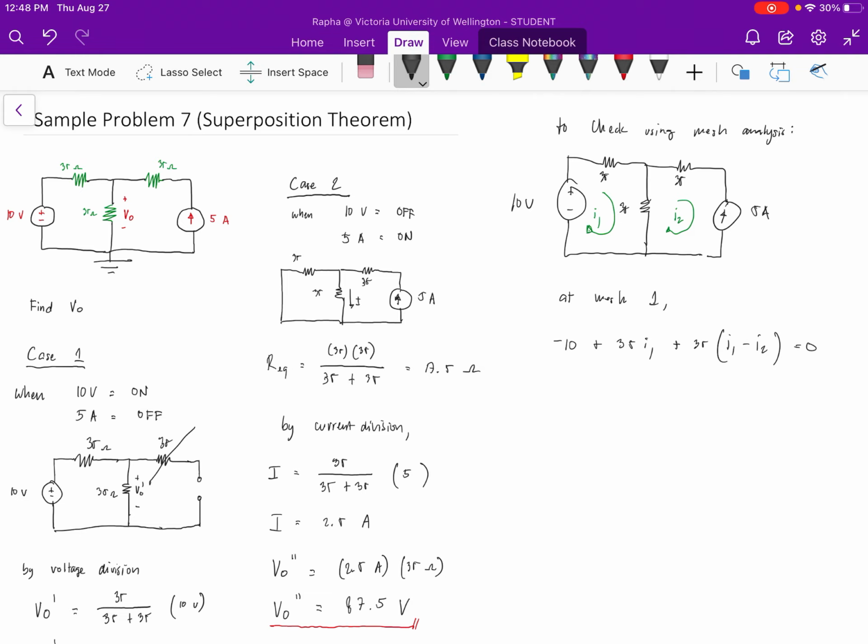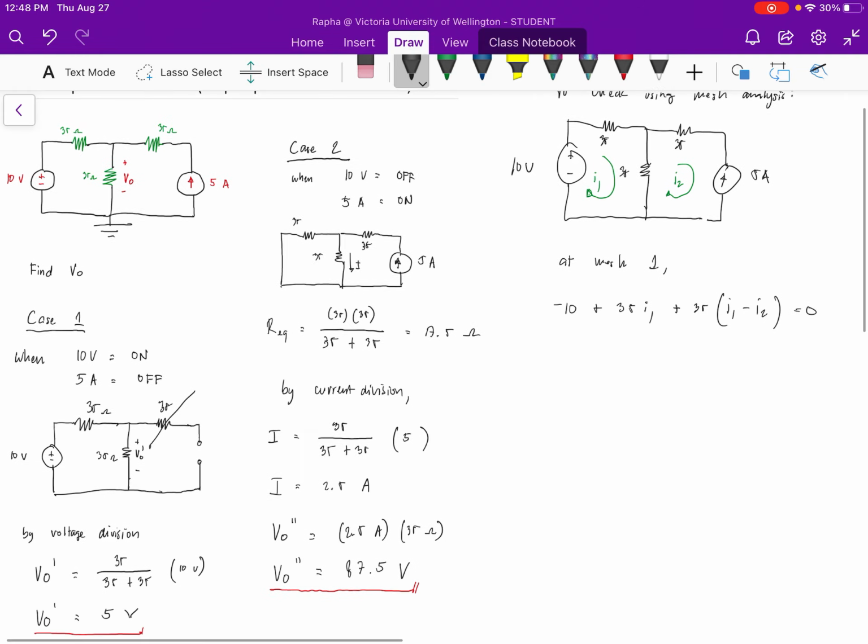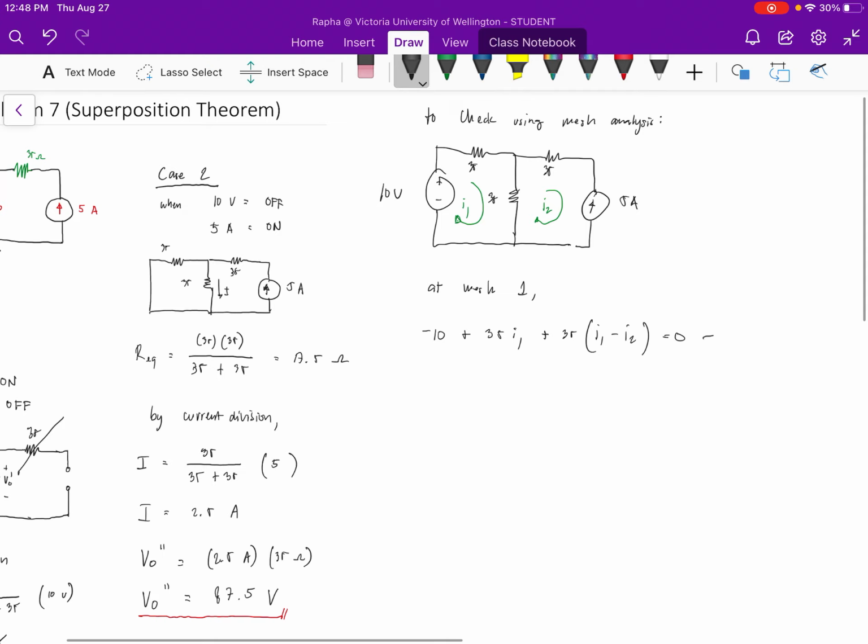So that's from our first mesh. But on our second mesh, we have I2. Due to the presence of the current source, I2 is equal to negative 5 amperes, since it directly opposes the direction of the current source. So that becomes our equation 2 by default.